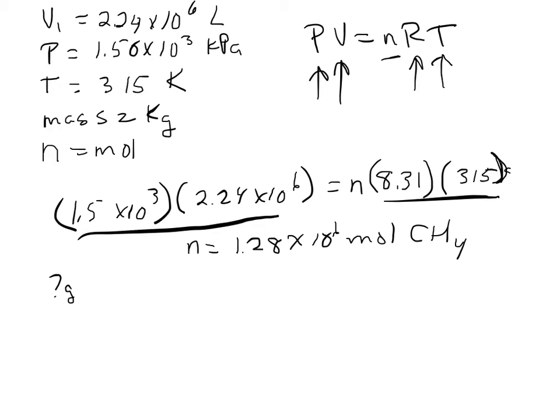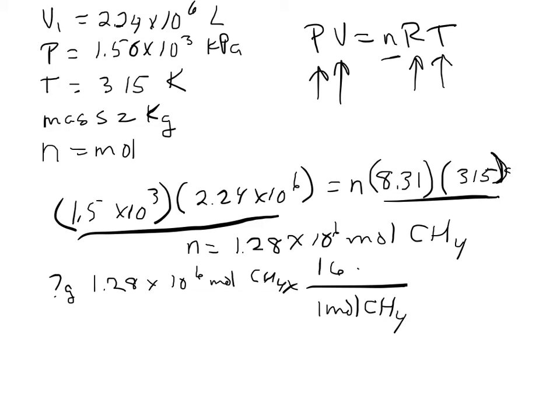So how many grams do I have? 1.28 times 10 to the 6th moles CH4, and every mole of CH4 is 16 grams. Multiply that out, and I would get 2.05 times 10 to the 7th grams.